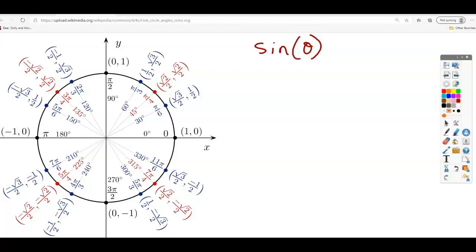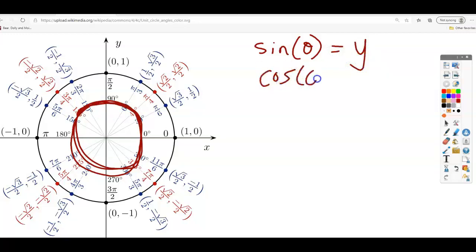In calculus, it's always going to be radians. So all these degrees here, I'm just going to X them out because we won't be using degrees in calculus. We always use radians. The sine value of any radian value always gives you the y coordinate on the unit circle, whereas the cosine value will always give you the x value on the coordinate circle.